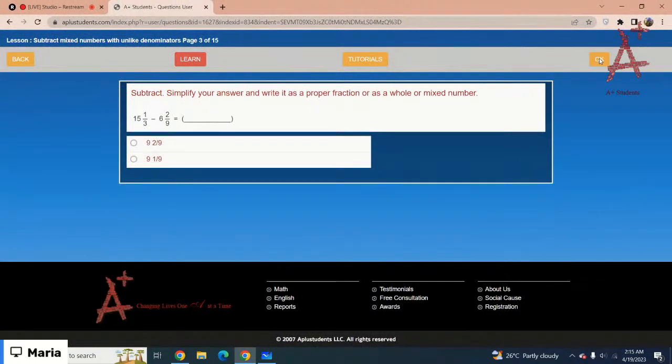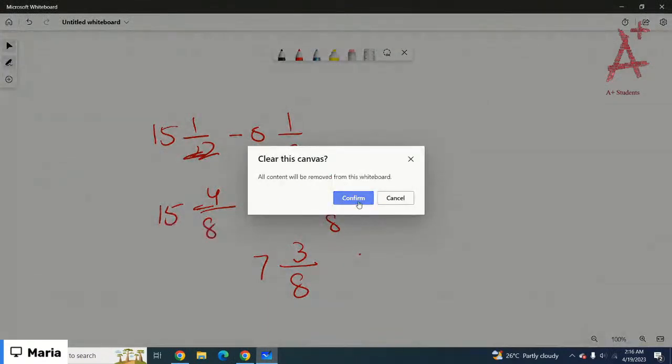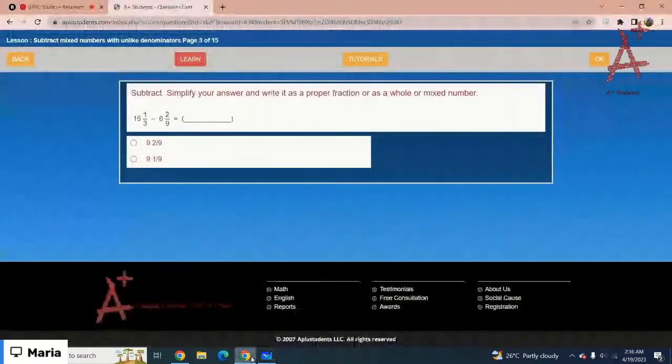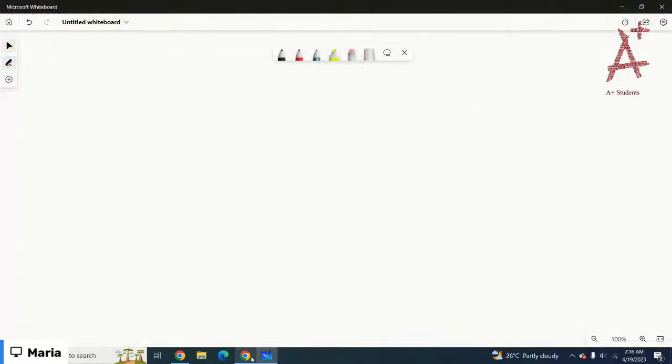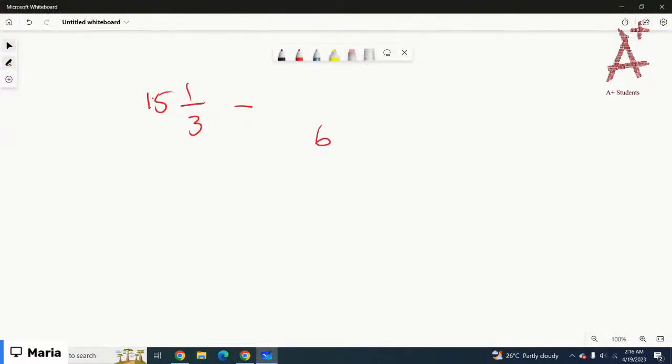Okay, the next one is 15 whole 1 over 3 minus 6 whole 2 over 9. Okay, let's just subtract them.